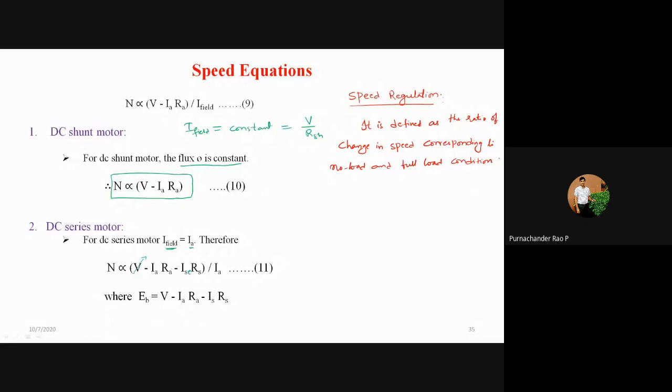Speed corresponding to full load. Okay, and therefore the percentage speed regulation is equal to the speed under no load minus the speed at full load, divided by the speed at full load condition, into 100.